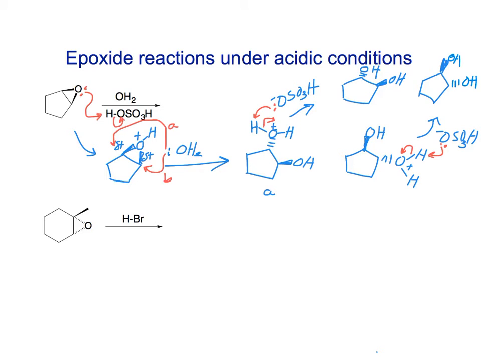Notice that both of these diols have the alcohols being trans to each other. There and there. So in fact, what's the relationship between these two molecules? Are they the same? No, these two in fact are enantiomers.